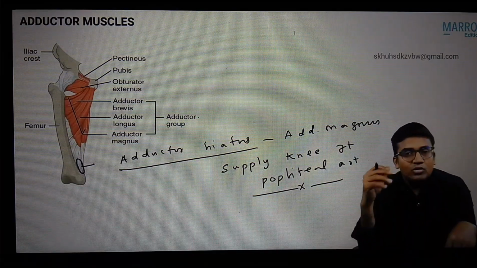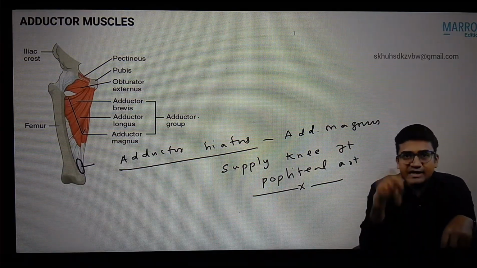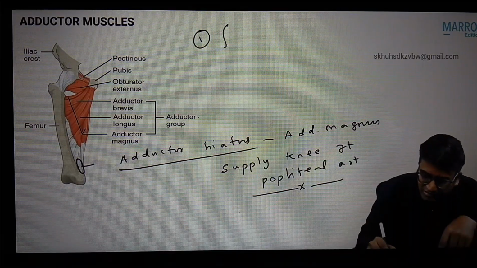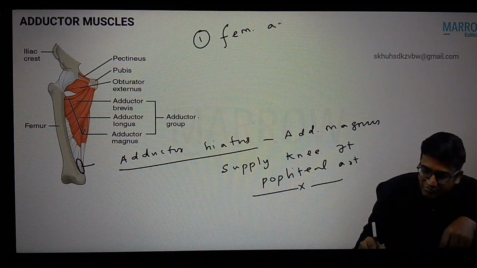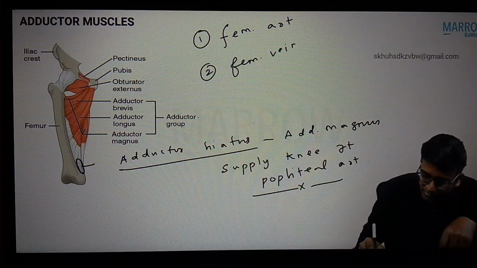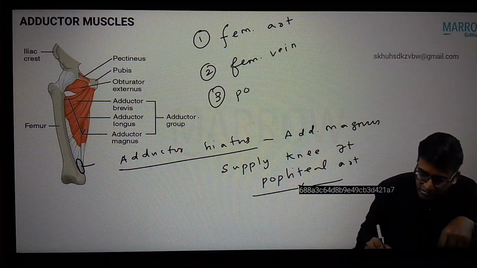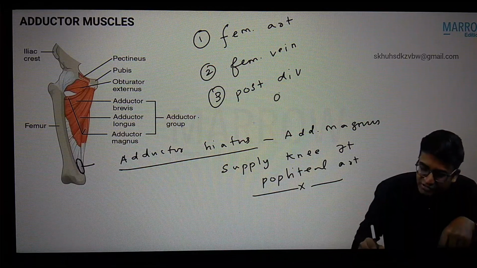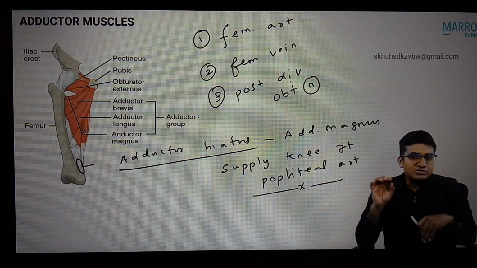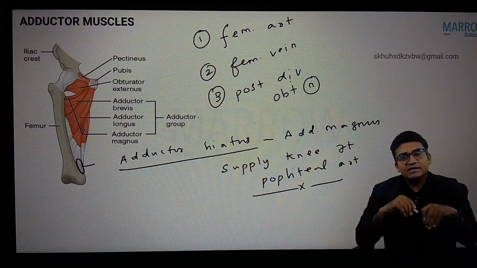Now, the question is, what other structures pass through this adductor hiatus? The other structures passing through the adductor hiatus are the femoral artery, the femoral vein, and one more structure, which I just told you, the posterior division of the obturator nerve. So three structures pass through the adductor hiatus in the adductor magnus muscle.